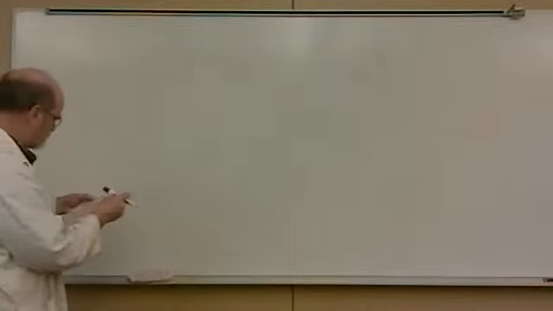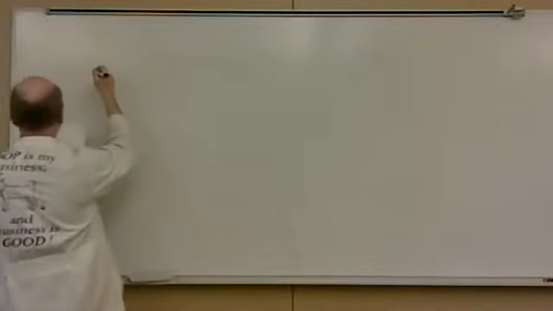Actually, initial rates skips the step where you actually determine the rate. All right, let's do this. I'm going to put the data up here, and then we're going to talk about it.